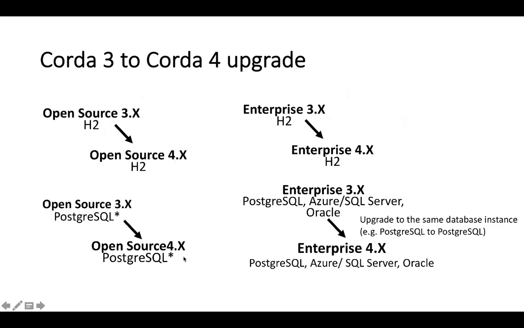Just to mention, we are not really supporting open source running with PostgreSQL, but this is a possible option as well. Then upgrading H2 on Enterprise: upgrading Enterprise 3 to 4 works.